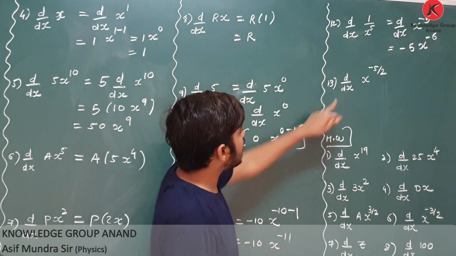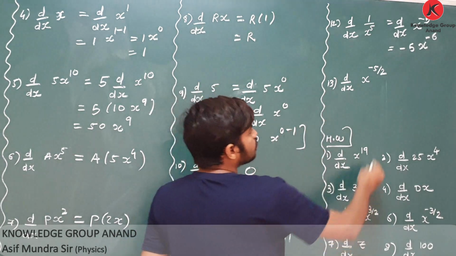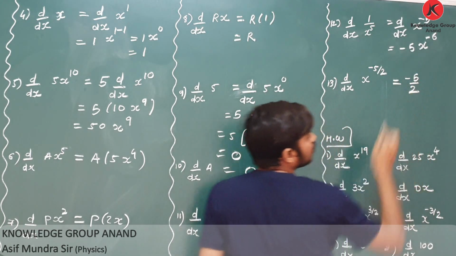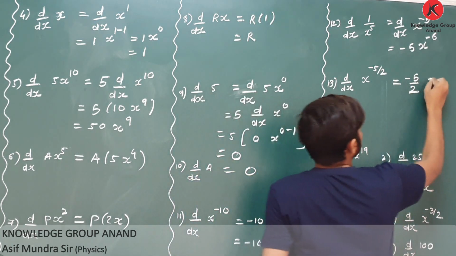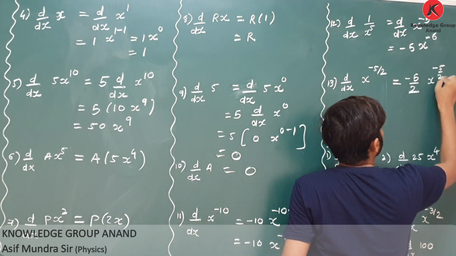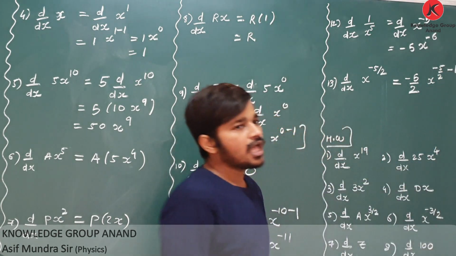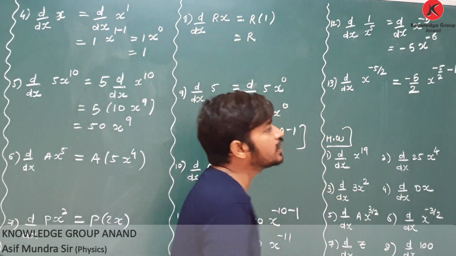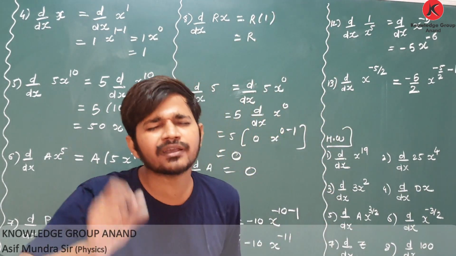Last one, d upon dx of x raised to minus 5 by 2 is equal to the power minus 5 by 2 times x raised to minus 5 by 2 minus 1. To calculate such things, you must know the fundamentals of maths, basic calculation.